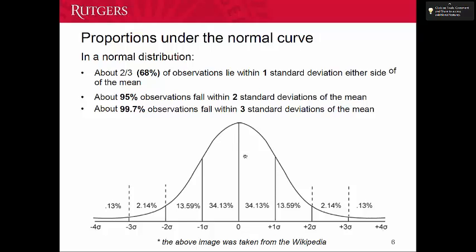If it's a standard normal distribution, the sigma here equals 1. So we will have 1, 2, 3, 4, minus 1, minus 2, minus 3, minus 4 here.